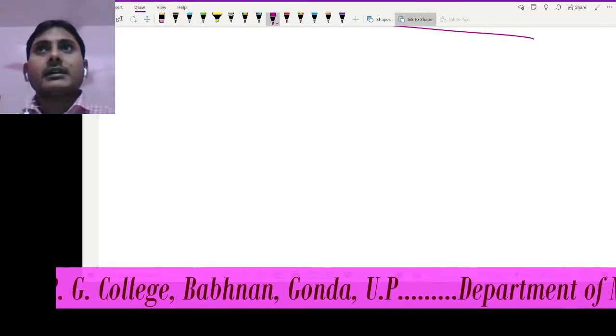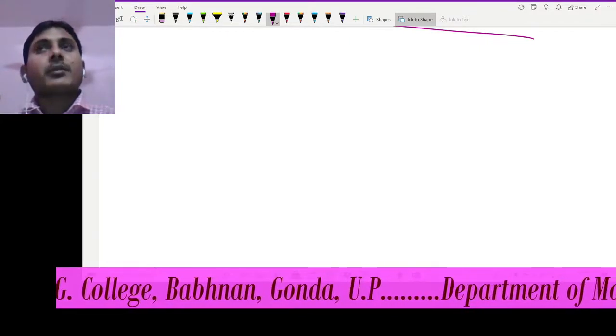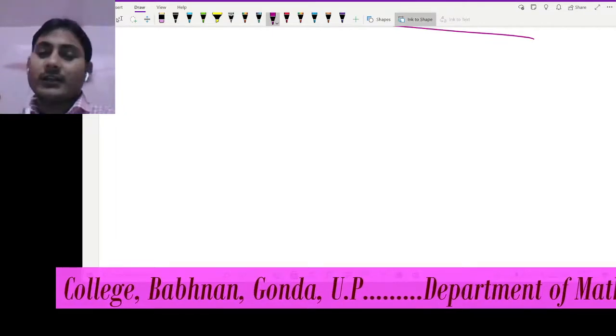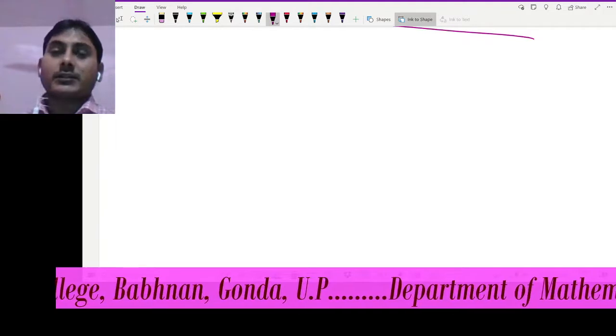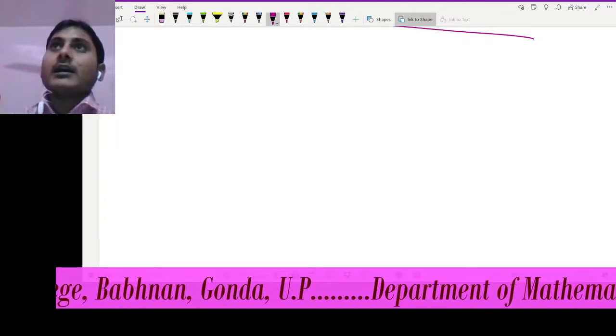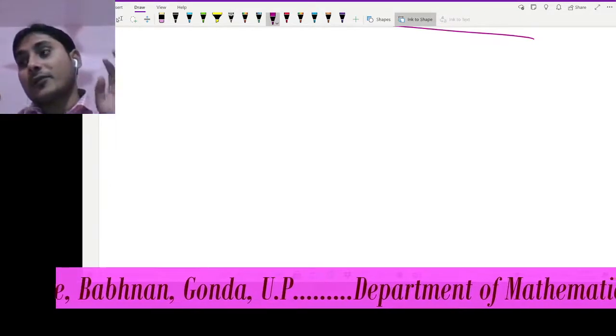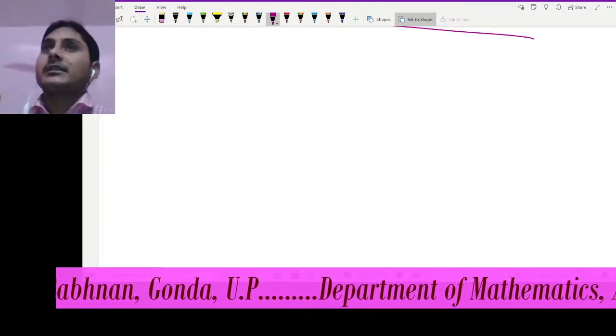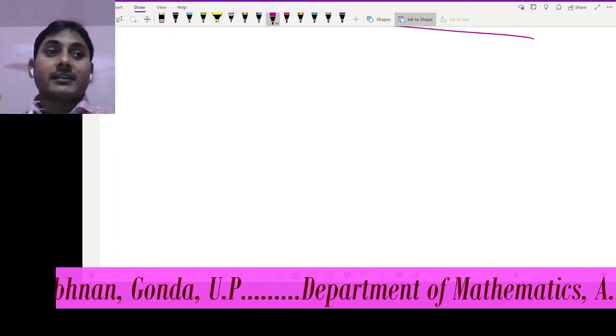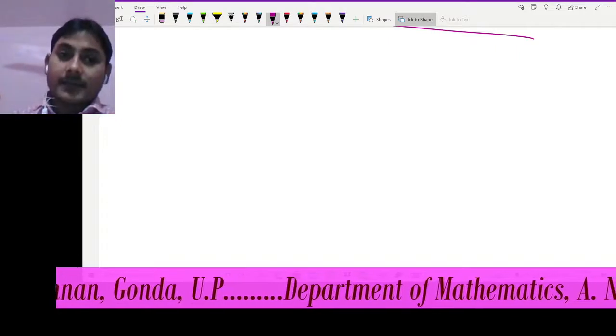You can add any number of matrices by grouping them in any order. So that's why it satisfies the associative property with respect to matrix addition. What about the existence of identity with respect to addition here, matrix addition?